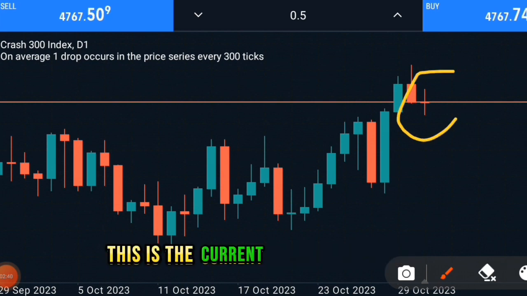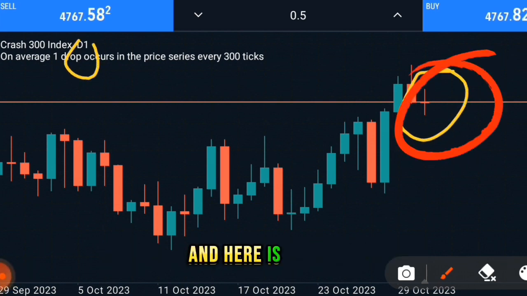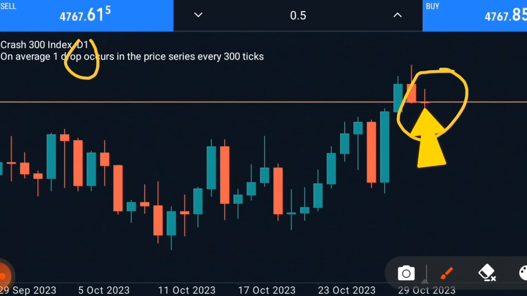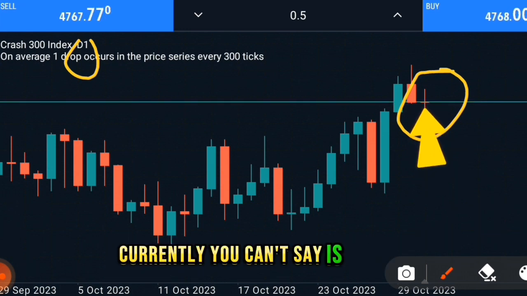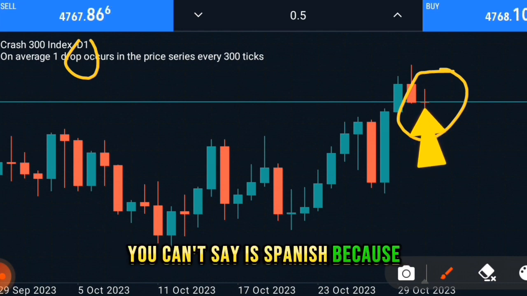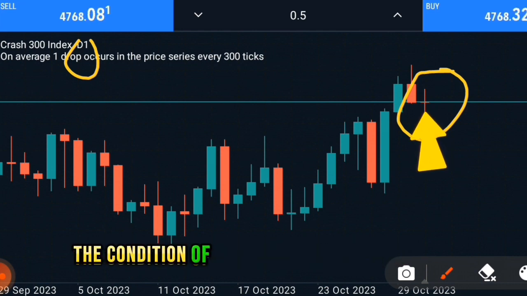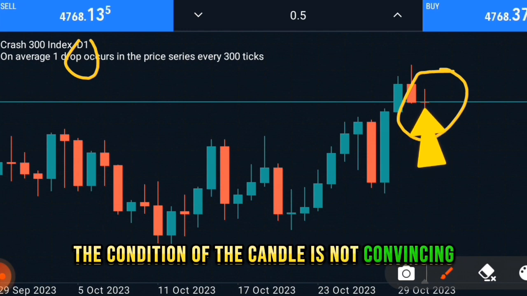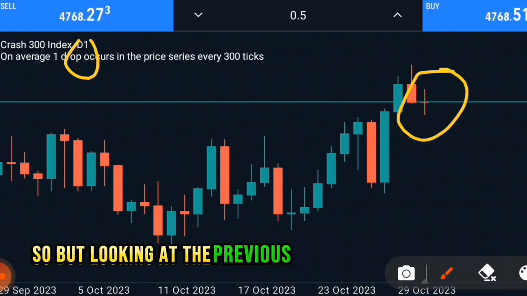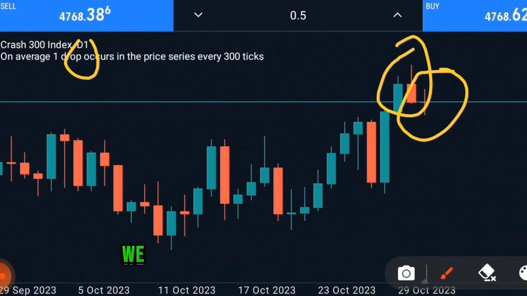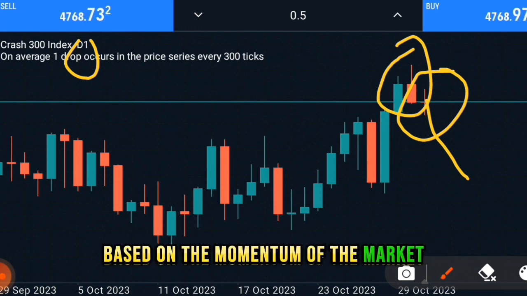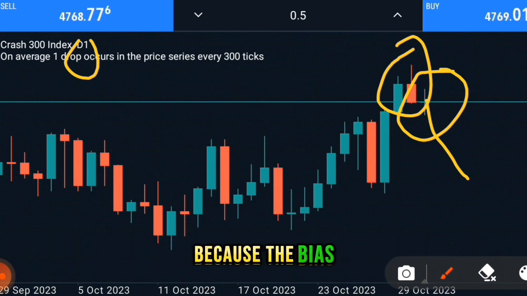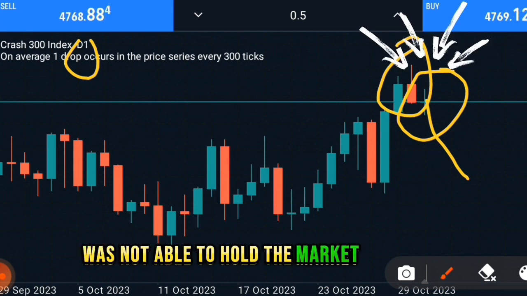All right, this is the current market in the day, and here is the D1. So the current market in the day is currently, you can say it is bullish, you can say it's bearish, because the condition of the market, the condition of the candle, is not convincing. But looking at the previous movement of the candle, we can easily say that it's going to come to this direction based on the momentum of the market, because the buyers were not able to hold the market that long.